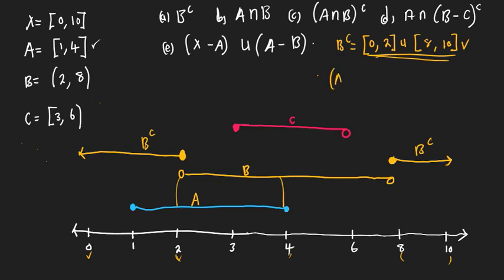So I'll say A intersection B is equal to, sorry, it's not supposed to be these brackets. But let me see. 2 is not part of B, but it is part of A. So we'll put these brackets exclusive to simply show that it is. Okay, so we'll say 2, 4 inclusive.